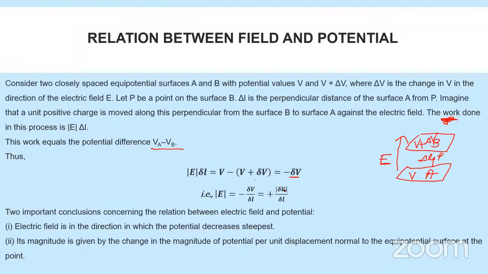As we saw, we are only considering the magnitude of the change in the potential per unit displacement, which is normal to the equipotential surfaces at the point. So this is how we can understand the relation between electric field and electric potential.